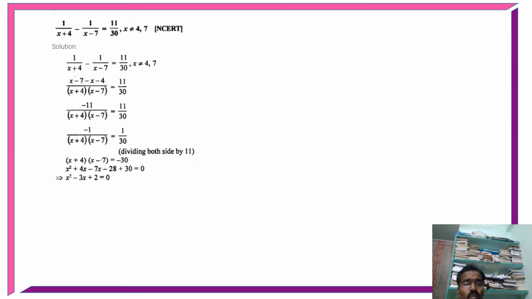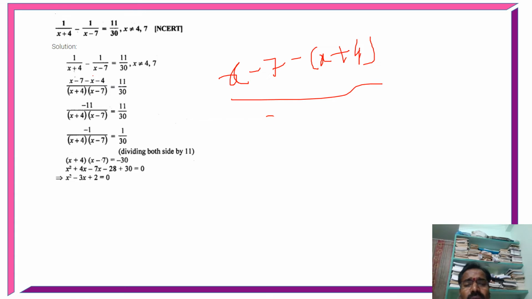So here it is given, same method: 1 by x plus 4 minus 1 by x minus 7 equal to 11 by 30. Same way, take the LCM. x plus 4 into x minus 7 is the LCM. Do cross multiplication. And as I said just now, if a minus symbol is there, the symbol will change. Actually, very immediately it should be minus of x plus 4 by x minus 7 into x plus 4.